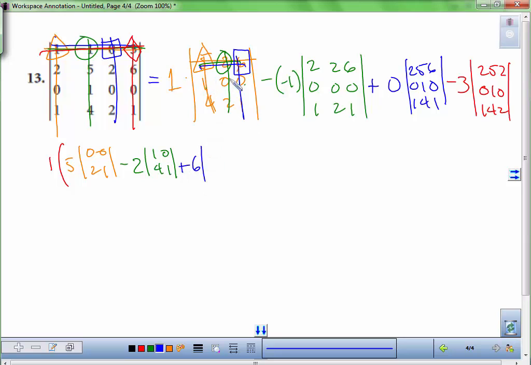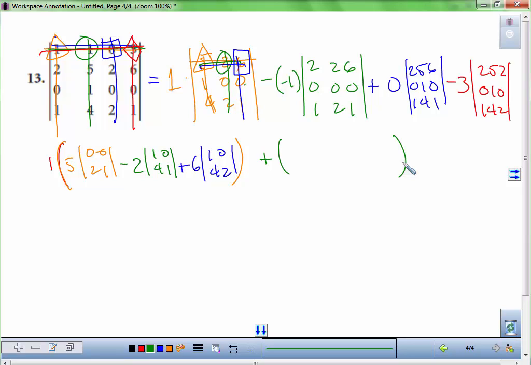And then I get 1, 0, 4, 2. Do you get the picture? All right, I don't want to continue on anymore because we're going to find it a different way.